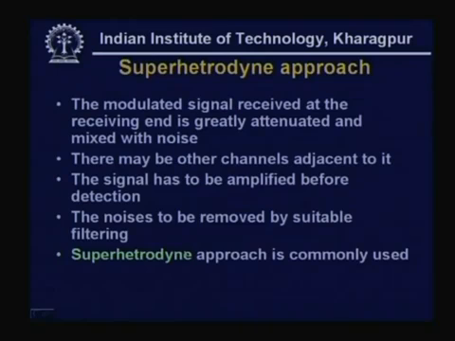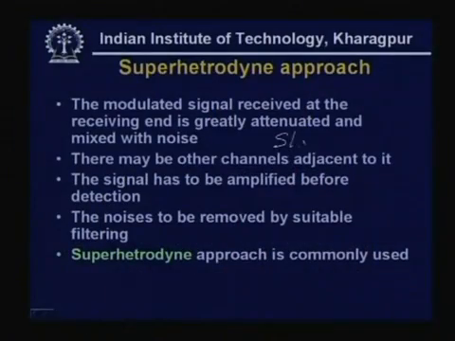Of course, the modulated signal received at the receiving end is greatly attenuated. As you know, the signal is passing through a long distance, and the attenuation is proportional to 1 by distance square, so if the receiver is at a long distance, the signal will be highly attenuated. Not only that, the atmosphere is always generating some noise when there is lightning, spark, and various other atmospheric disturbances.